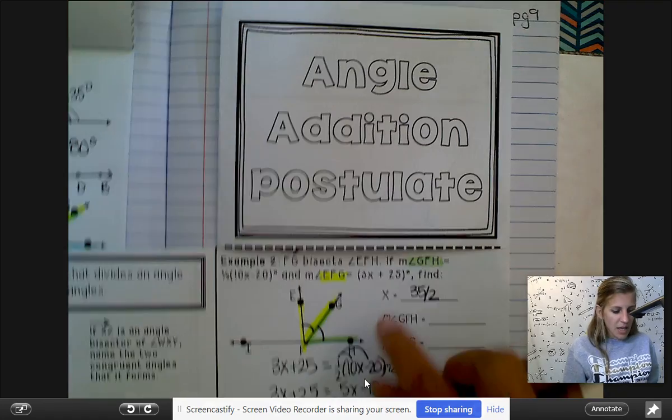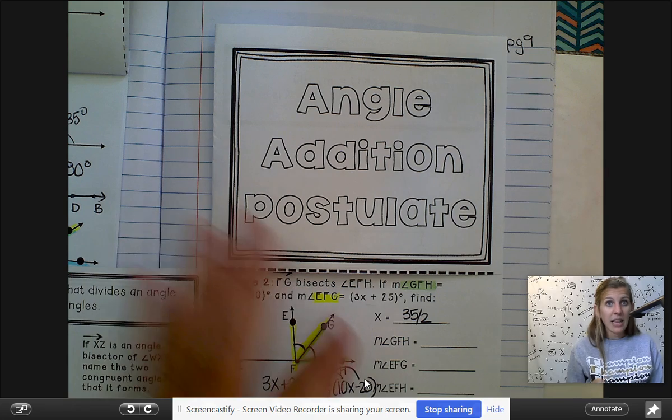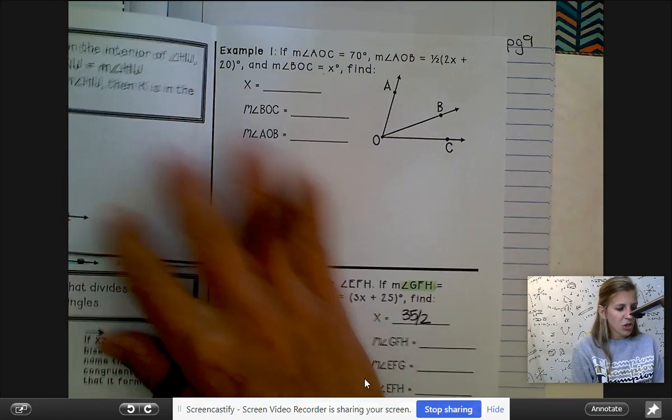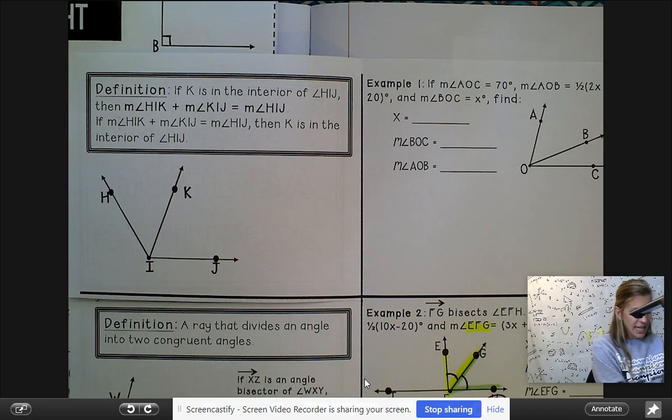It's okay. So let's talk about the angle addition postulate. The angle addition postulate is a lot like our segment addition postulate, which says if I add up two parts, I get the whole. The same thing is true for angles.